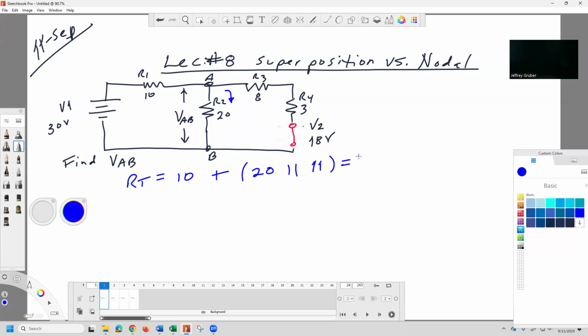I put it in my calculator and I got 7.097 ohms. Or no, REQ is 20 in parallel with 11, and that is 7.097 ohms. So this is 17.97.